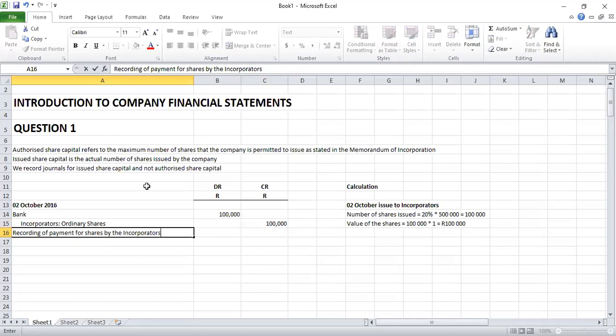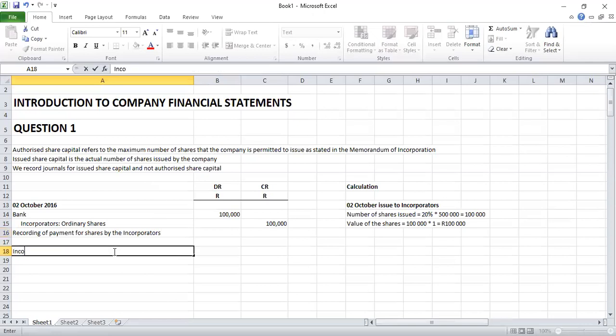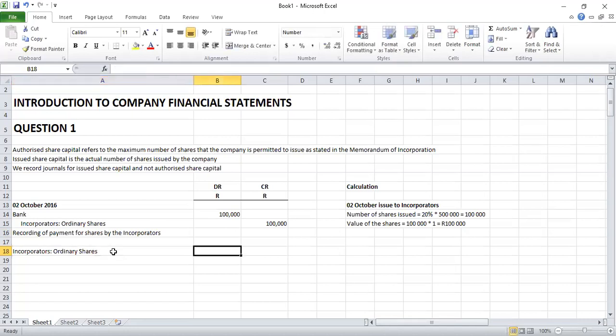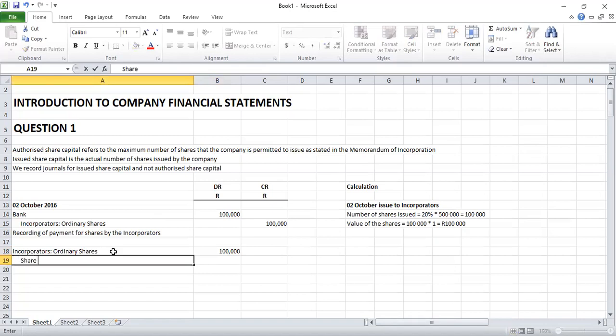Right. Then when they pay the money, it goes to the incorporators, the account, we open an account in incorporators ordinary shares, which is a liability. Then when we give them the shares, we then debit that incorporators ordinary shares. Create that liability, which is 100,000, and then we credit share capital.